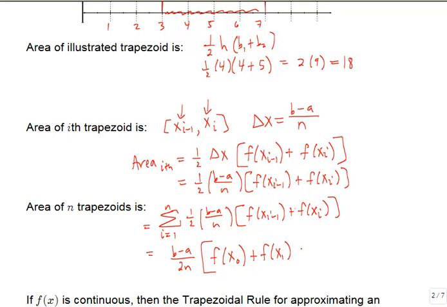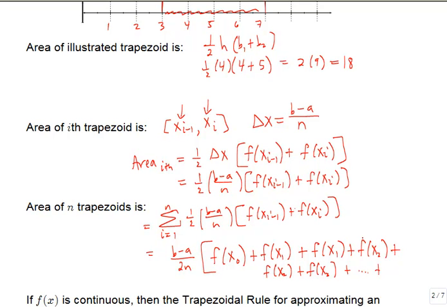Then we're going to add to that base 1 plus base 2 for trapezoid number 2. So if i is 2, 2 minus 1 would be 1, and then this is going to be f of x sub 2. If I do it again for i equals 3, this is going to be f of x sub 3 minus 1, which is 2, plus f of x sub 3, and so on.